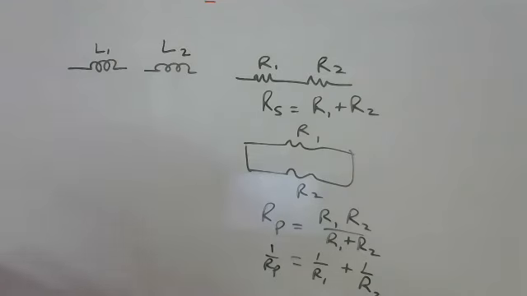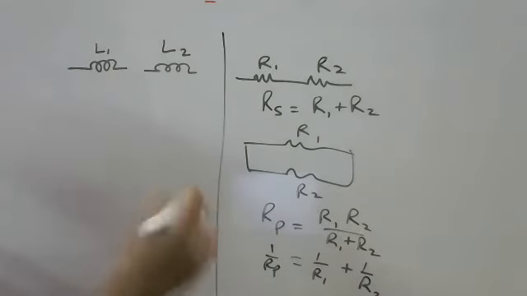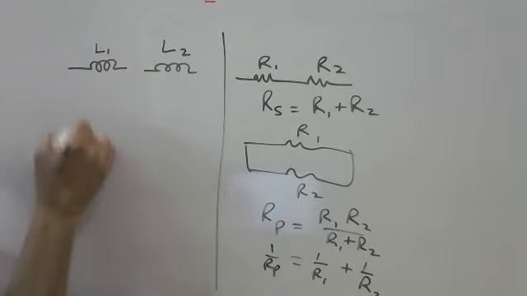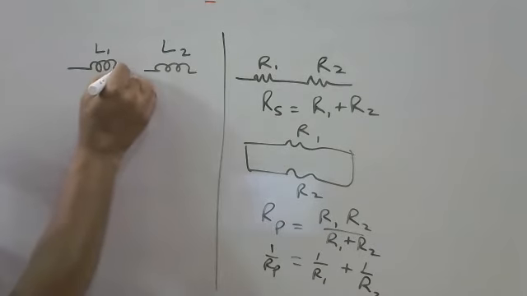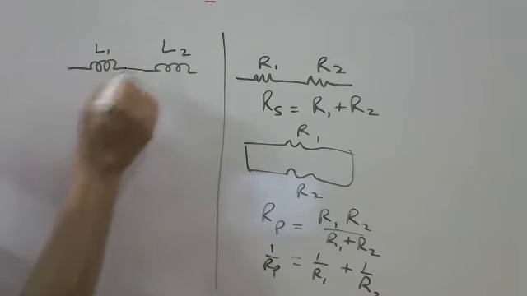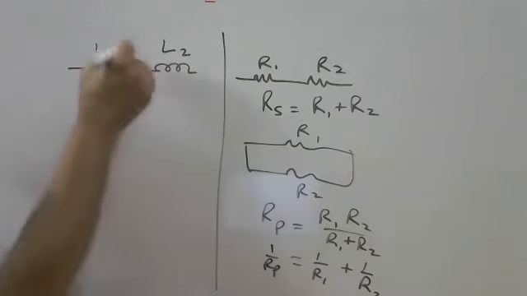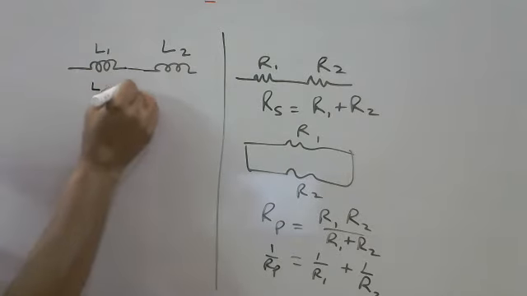L1 L2 are the individual inductance of the two coils, and here if we suppose we connect like this and they are very well separated, it means there is no mutual inductance. In that case we are getting the same formula.